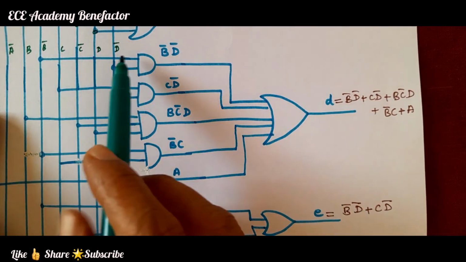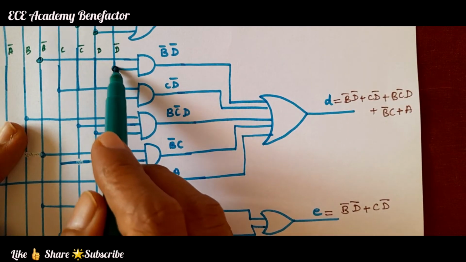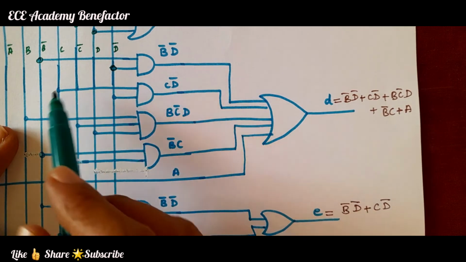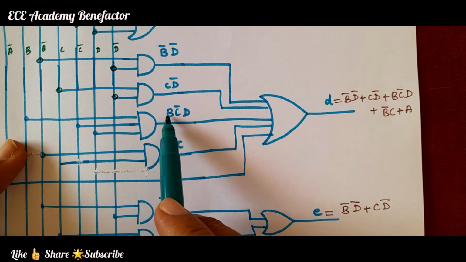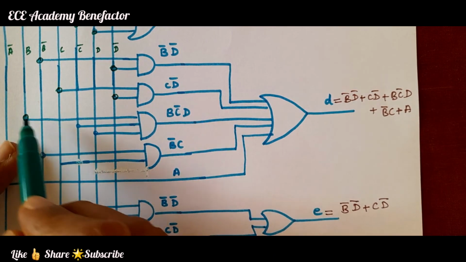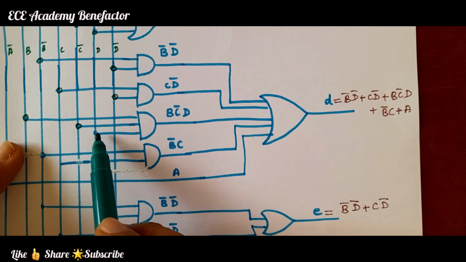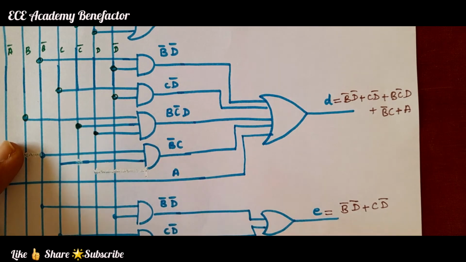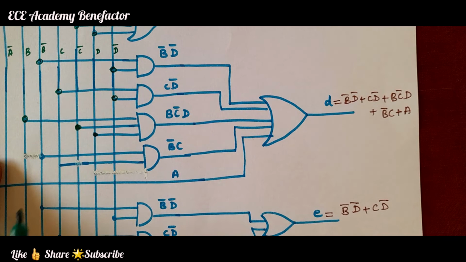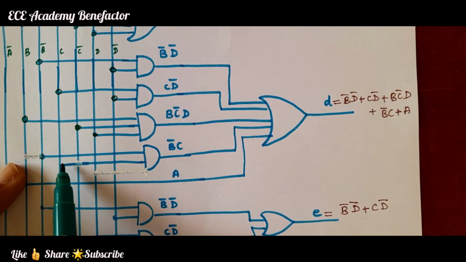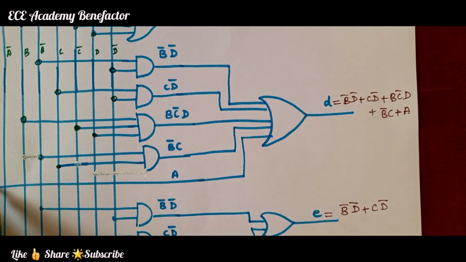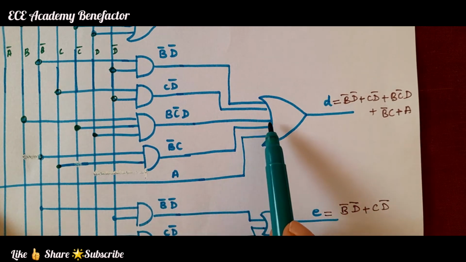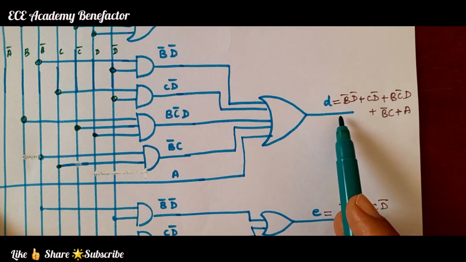Connect to B bar, D bar, C, D bar. Next term is B, C bar, D, connect to B, C bar and D. Next connect to B bar C. Next connect it to A. So after connecting all these points, we give them to an OR gate to get the function D.